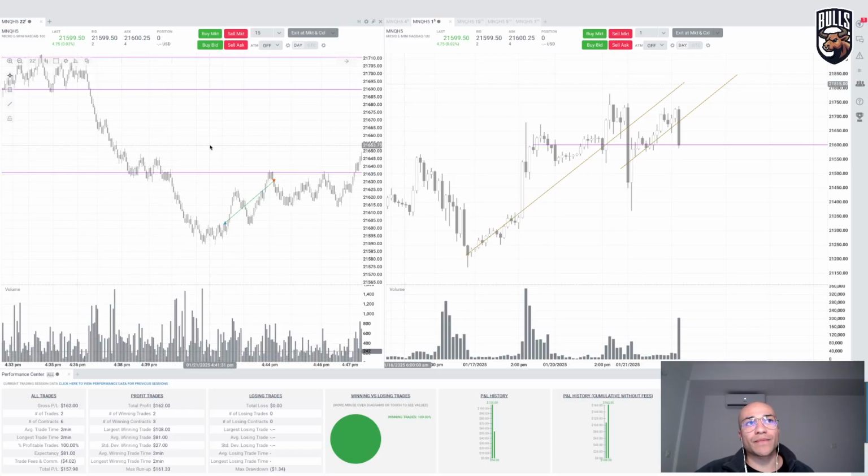So that is another level that we need to watch out for, and that is why I drew this level in. If we look at the higher time frame, we could see that the 36 was generally a pretty important level. Also, when we broke down here at 36, there was a lot of volume coming in. So we broke through this level with volume, and that's why I took the decision to take profit right here.